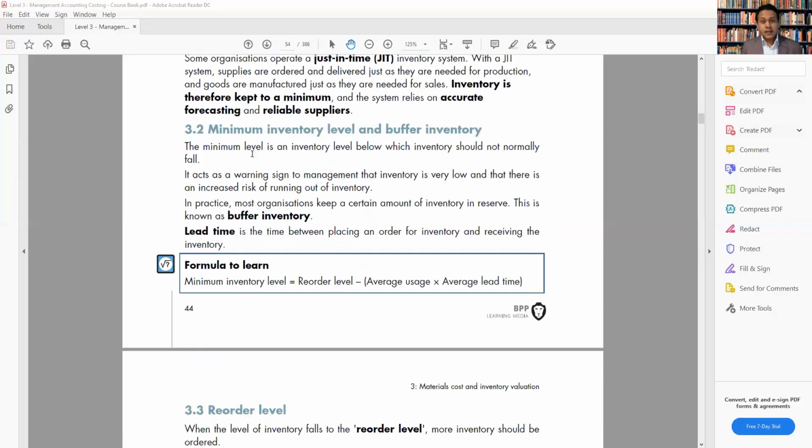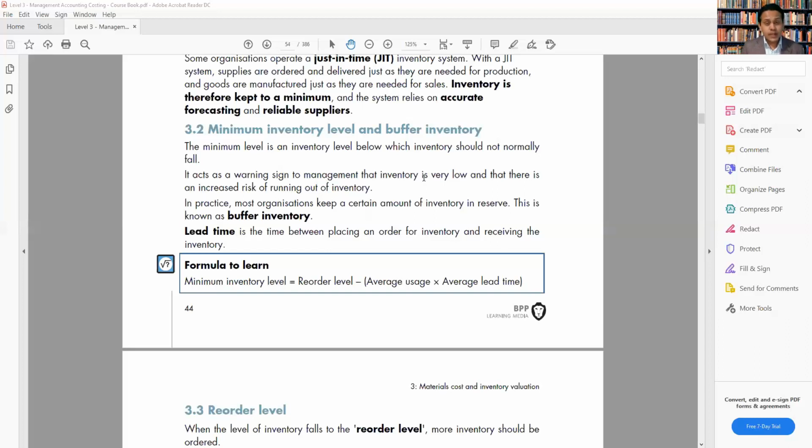Then the next point we have is minimum inventory level and buffer inventory. Now the minimum inventory level you understand: there is a minimum level you want to keep. For example, you said I will never go below 100 kilo of material. So as soon as the material level comes down to 100, I will reorder immediately.